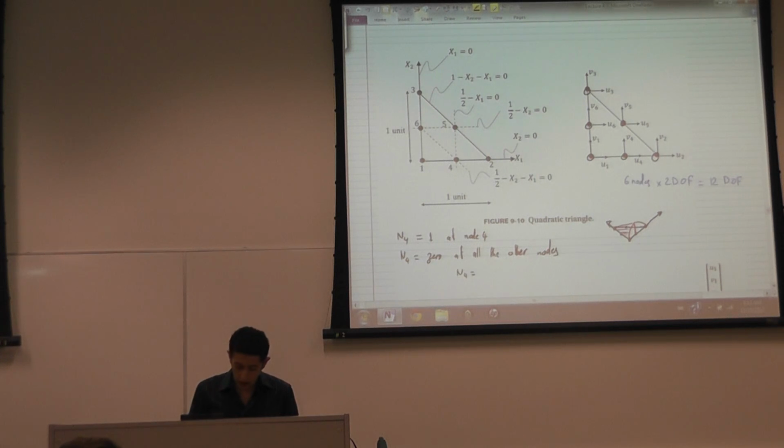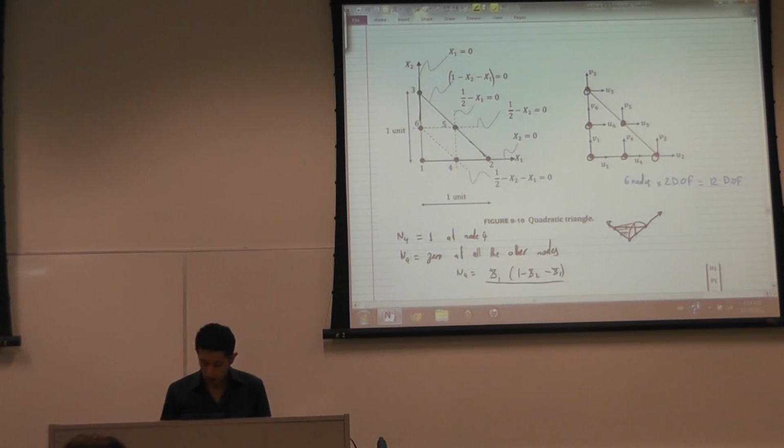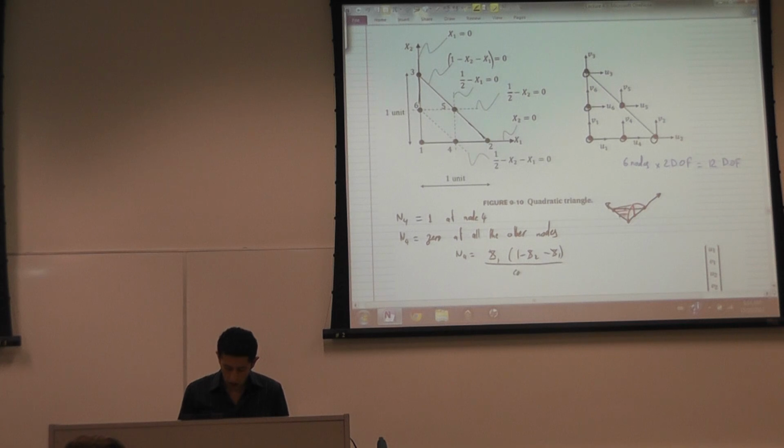So in this case, n4 can be written as the multiplication of those three lines, actually the multiplication of x1, which is this line, and this line, which is 1 minus x2 minus x1, and it has to be divided by a constant.